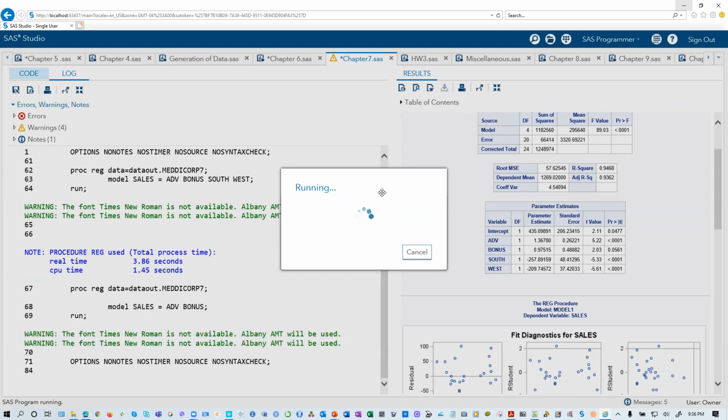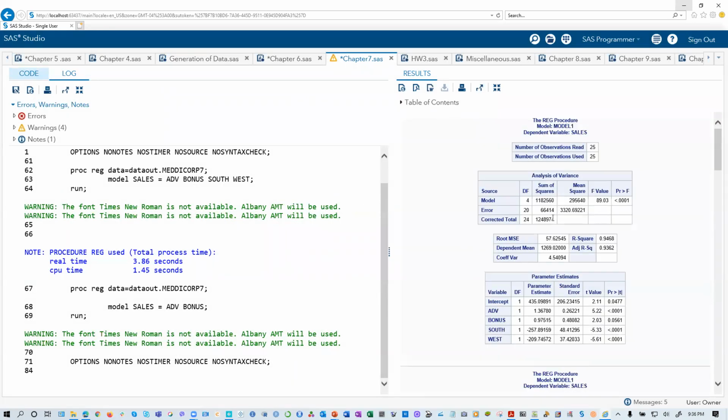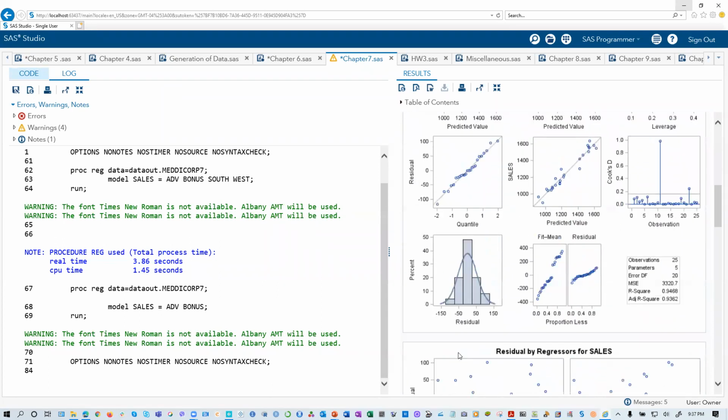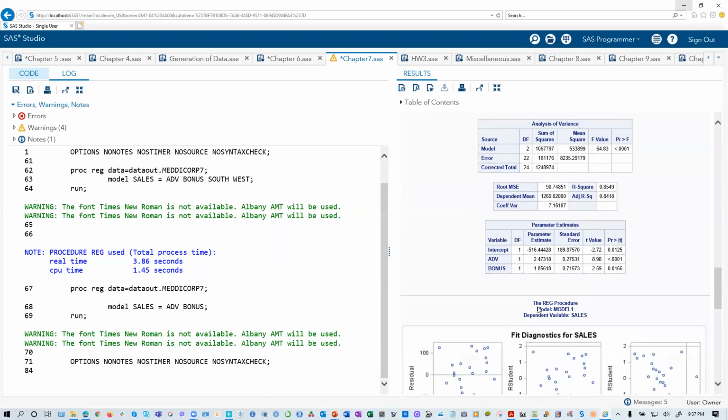So, according to this formula, the sum of squared error of the full model, model one, which means all of the variables, is 66414. Now the sum of squared error of the reduced model is more.